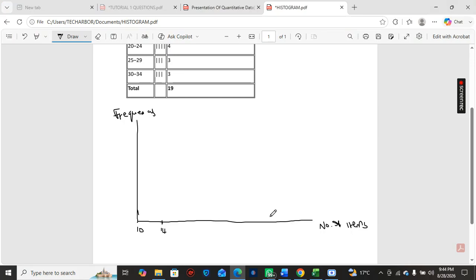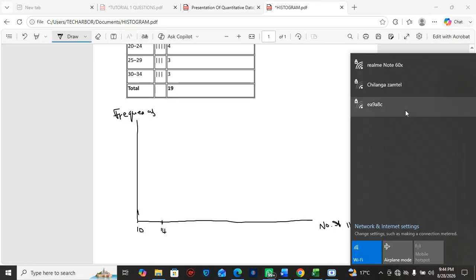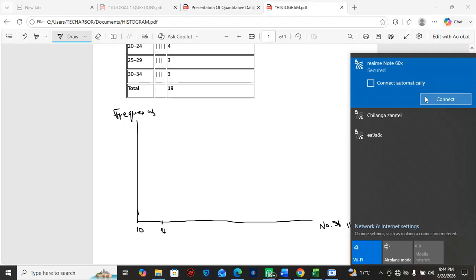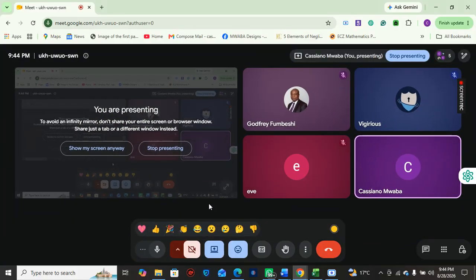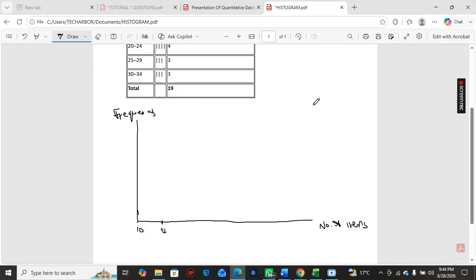Oh, we have to join the classes. To make the histogram we have to join the classes, so that we make sure that there is no gap.